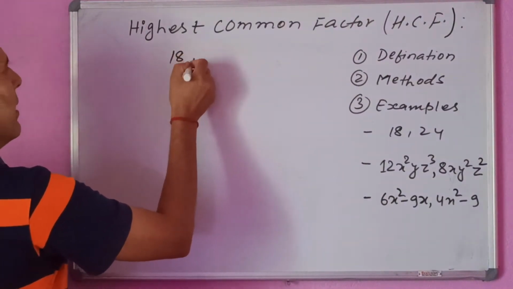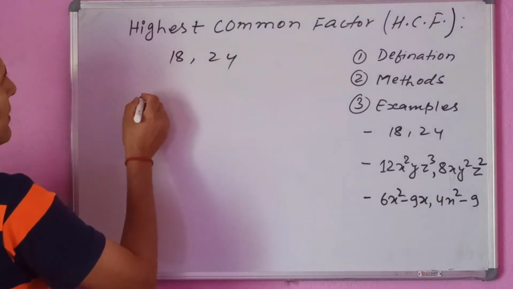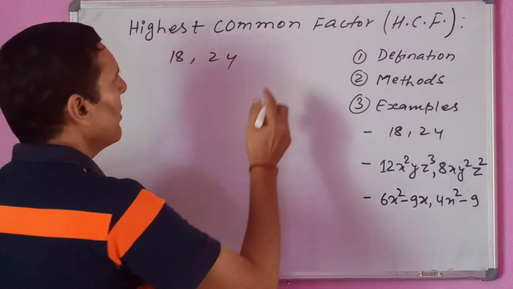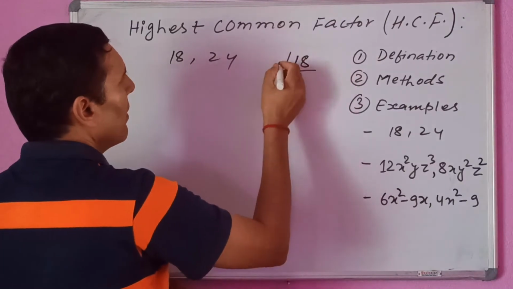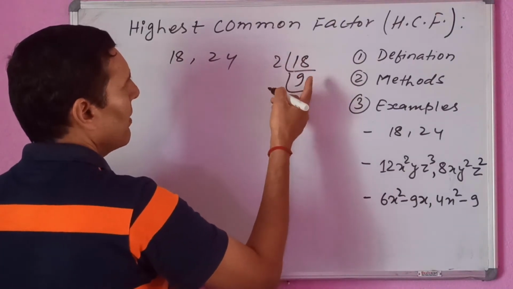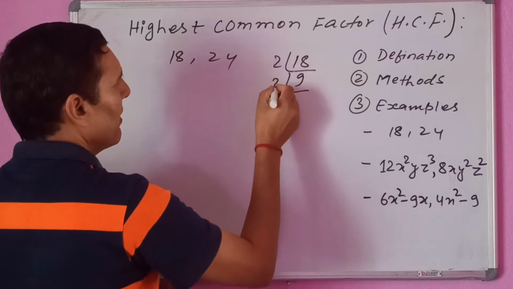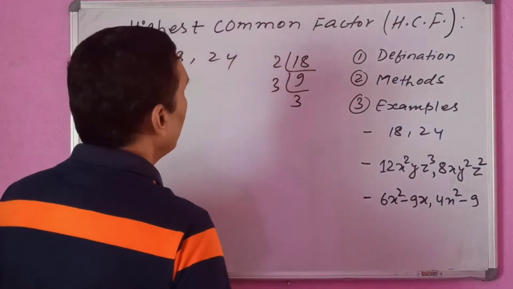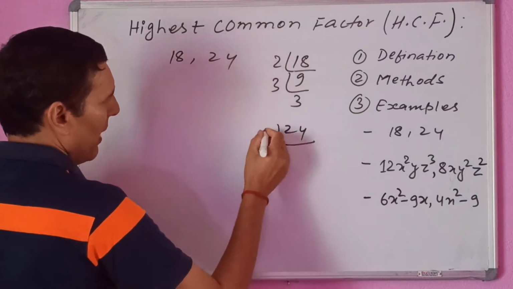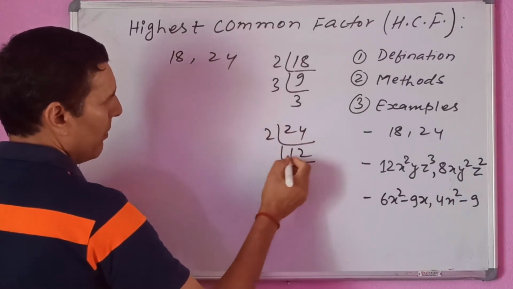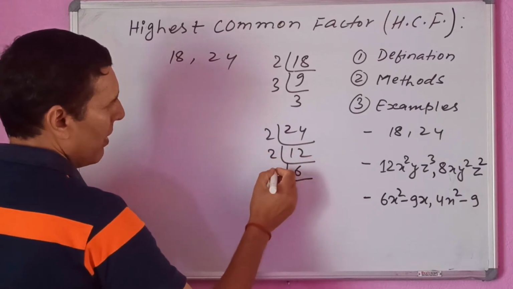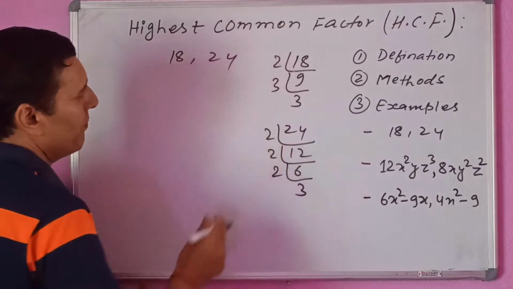First we get the prime factors of both the numbers 18 and 24. 18 is divisible by 2, 9 times, again 9 is divisible by 3, 3 times. And 24 also by 2, 12, and again 12 is divisible by 2, 6 times, and 2, 3.